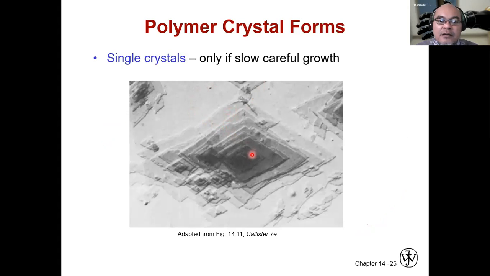So this is an example of a polymer crystal form. Only if slow, careful growth is allowed will it make a single crystalline structure. Otherwise, it will just make a multiple or polycrystalline structure material.